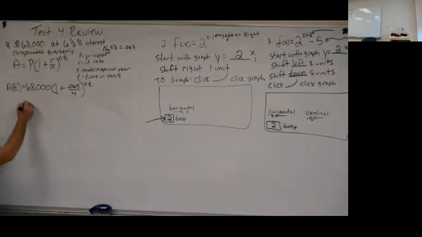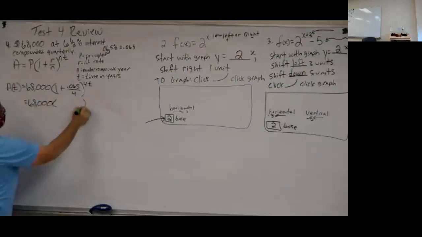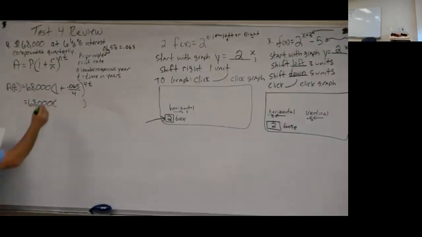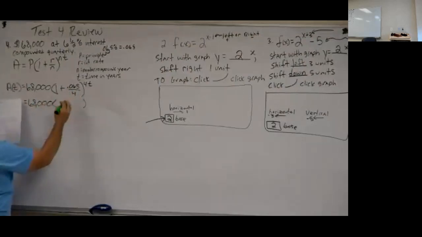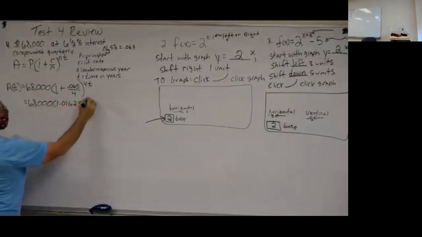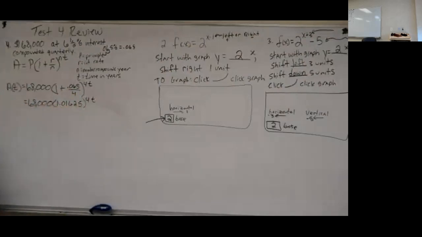So to get this right in MyLab, you have to work what's inside the parentheses. So when I did 1 plus 0.065 divided by 4, that gave me 1.01625, all raised to the 4 times T.